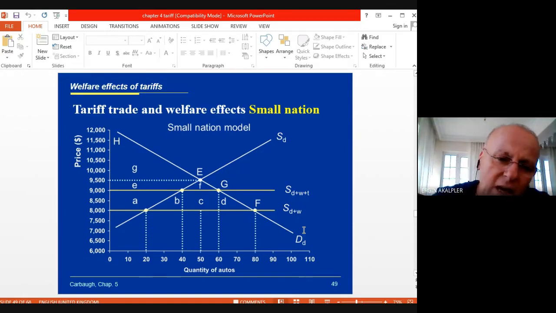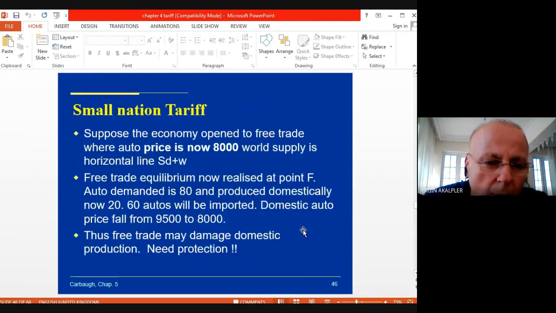But where the ST line intersects with this ST plus V, there is the considerable reduction from 50 units to 20 units, and this is, of course, not acceptable. Then we have to do something in this direction, isn't it?